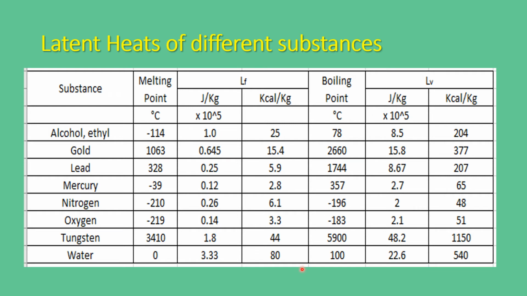Same goes for its latent heat of vaporization, which is equal to 22.6 joules per kilogram. This value will only be involved once water reaches the temperature of 100 degrees Celsius or its boiling point, wherein it starts to turn from liquid to gas.